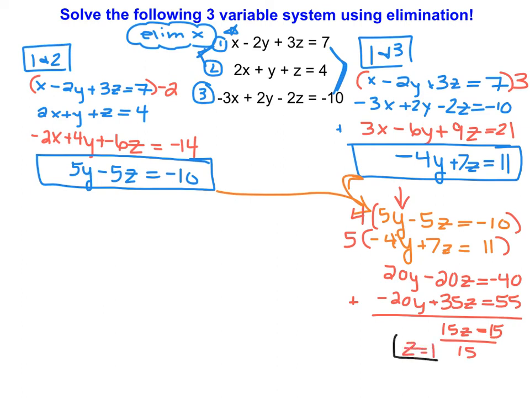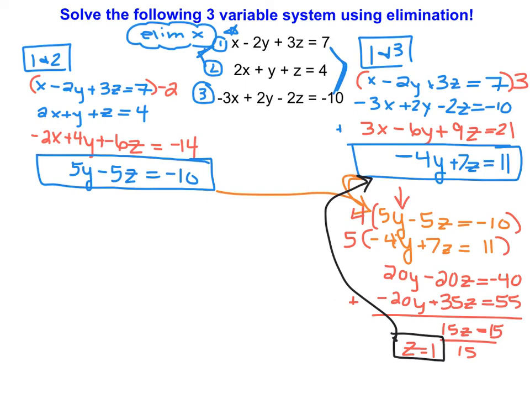So I've now found the first of my variables. I know that z is equal to 1. So now all I need to do is work backwards to find my other values for x and for y. So I need to go backwards and I have to put z into one of my two equations that contained both y and z. It doesn't matter which one I pick, so I'm just going to go back and pick this one right here.